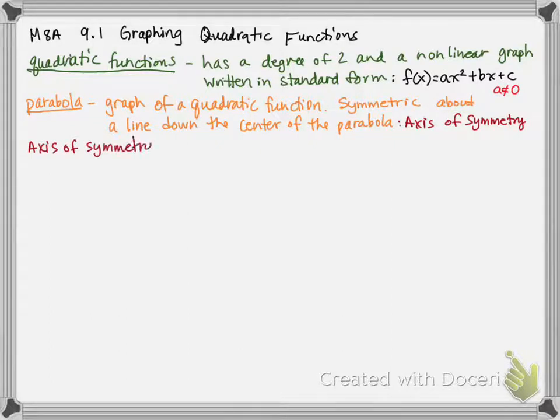It passes through an extraordinarily important part of the graph, and that axis of symmetry intersects the parabola at its vertex. Okay, so the vertex is either going to be the lowest point of the parabola or the highest point of the parabola.